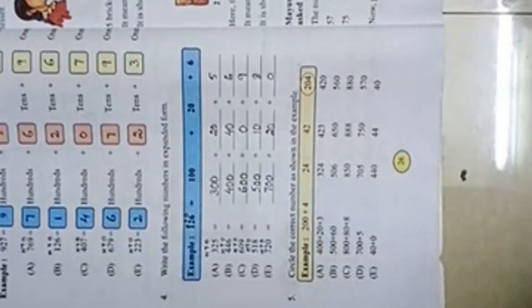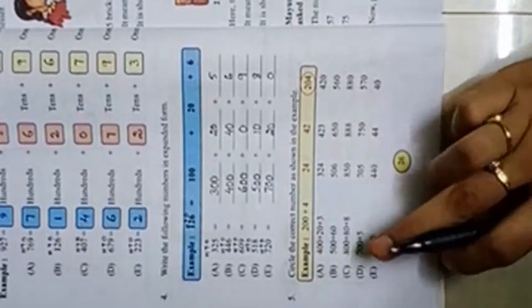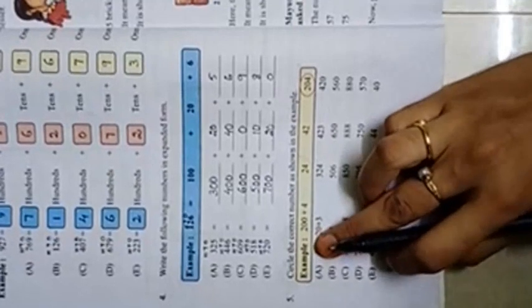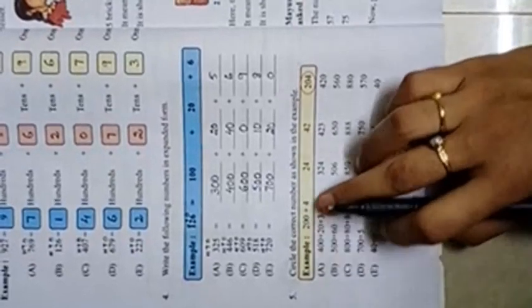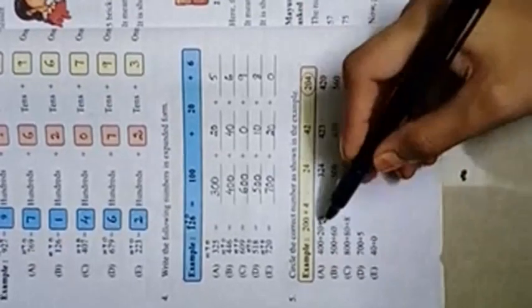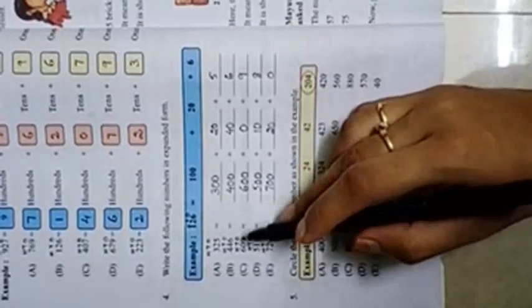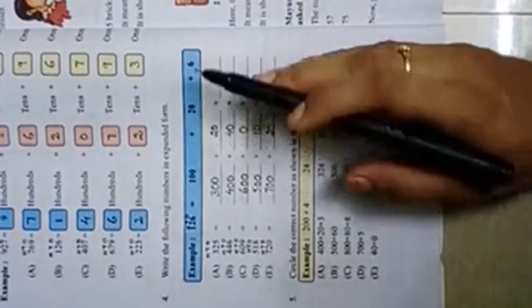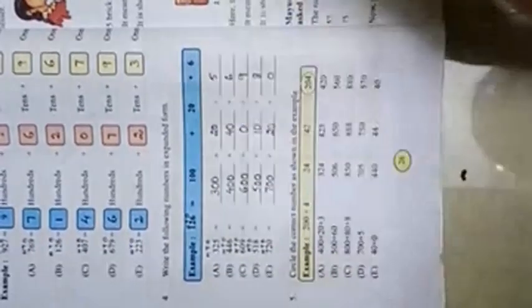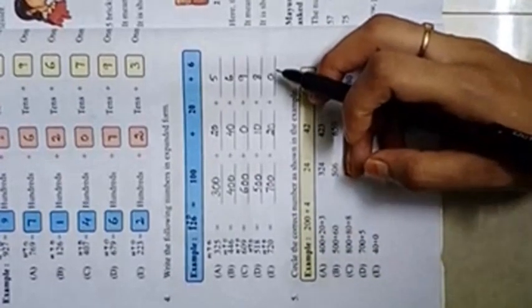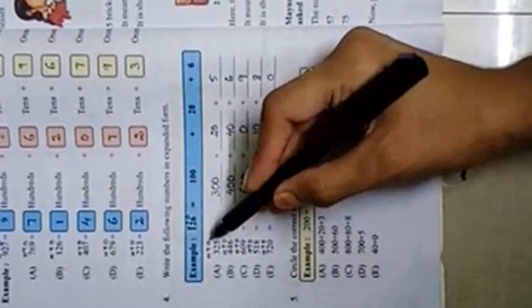Circle the correct number as shown in the example. Read. Whenever you start this bit, once observe the example carefully. If you observe this example carefully, you can solve all these bits easily. In the previous bit, he gave a 3-digit number and we expanded it: hundreds separated, tens separated, ones separated.